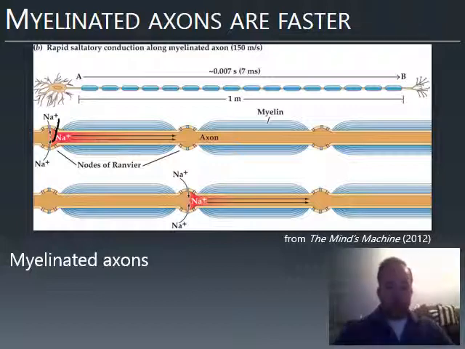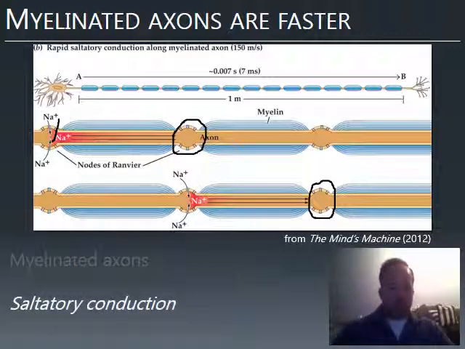And so what does that do? It concentrates that positive charge until it gets to the next node, and now that's going to open up all these other sodium channels. Again, sodium will come rushing in, and that'll propagate down to the next section of the axon. So by insulating these intermediate portions of the axon, it really makes that change in charge travel that much faster. And this is what's called saltatory conduction.